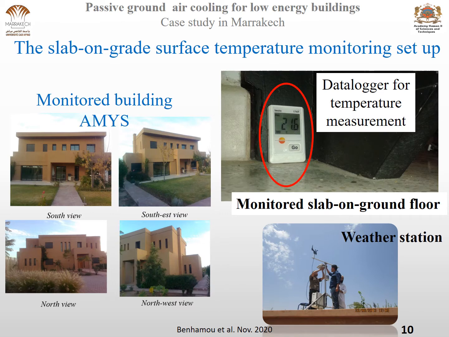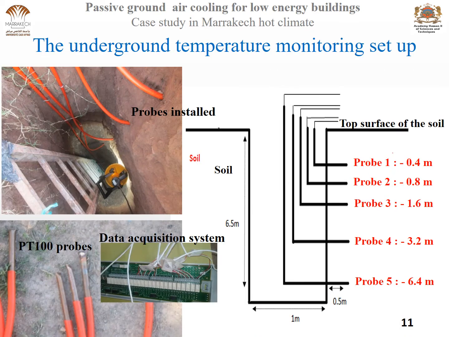These are some photos of the experimental setup and the monitored building. You can see the data logger for the temperature measurement and the weather station. Here you can see a photo of the underground temperature monitoring setup constituted by 6 probes.